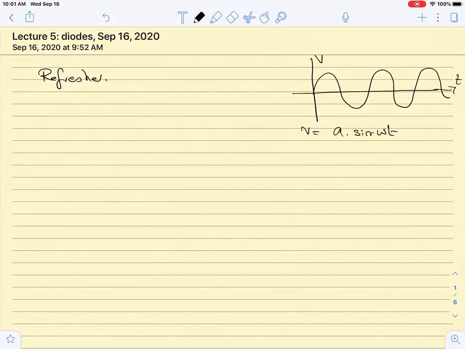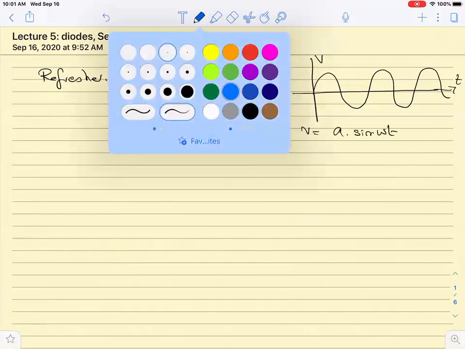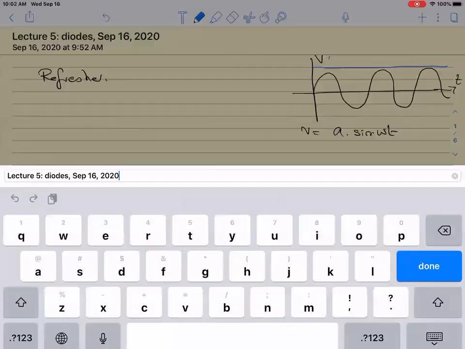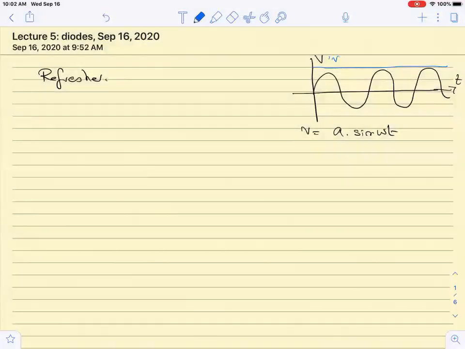And we can also draw another signal which has a DC shift V1, and this V1 might be a small signal centered around DC, so V1 is going to be equal to some V1 DC plus b sine omega t. If they have different periods, omega 1 will be different from omega 2.